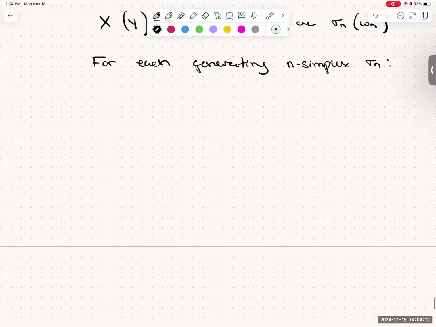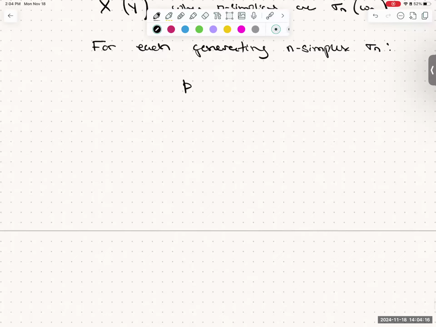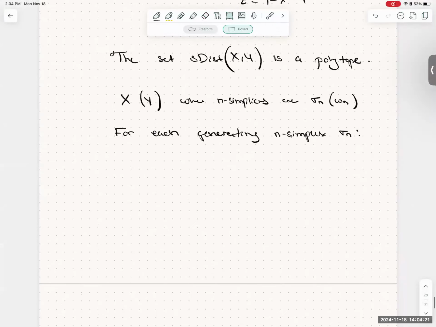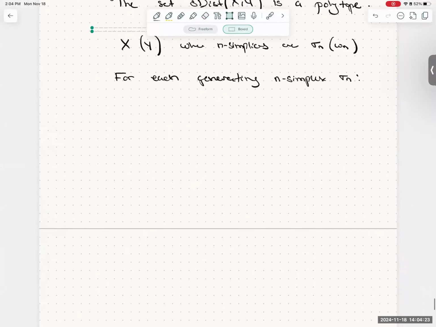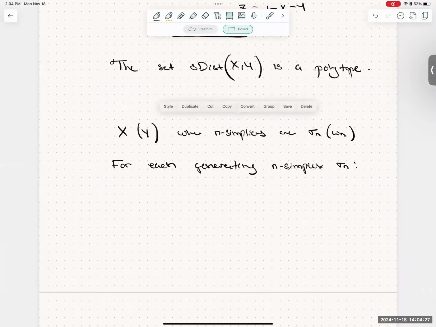For each generating simplex, we have that P. So if I had a simplicial distribution, maybe I should have said that. You guys know what I mean by simplicial distribution here. I will add it for completeness, just like this.